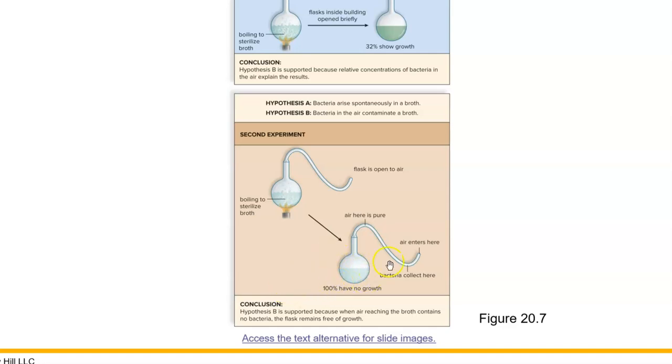So no bacterial growth, and what he discovered was pasteurization. This is the concept behind pasteurization of milk and other liquids, is that you boil it, and then you keep it in a flask that has a curved neck that doesn't allow more bacteria to get in.